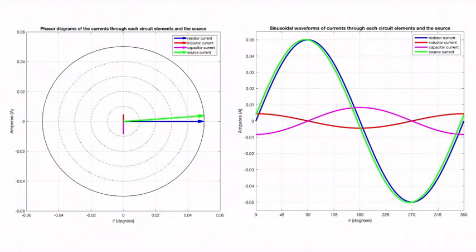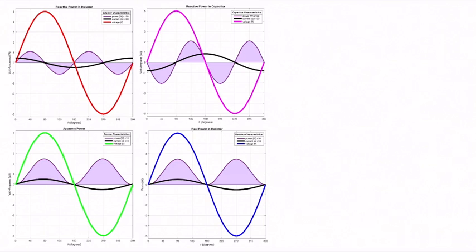Okay, and from there we were able to graph the phasor diagram and the sinusoidal waveform. Okay, now again using MATLAB we can solve for the power across each of the circuit elements, and the power across the resistor, or the real power across the resistor, is shown in the lower right box.